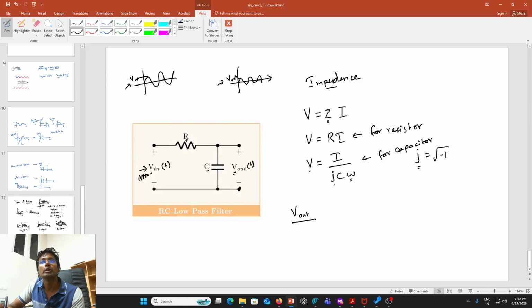out divided by the impedance of the capacitor, which is 1 by jC omega, is equal to V in times the total impedance, which is R plus... yes, the flow of current is the same.